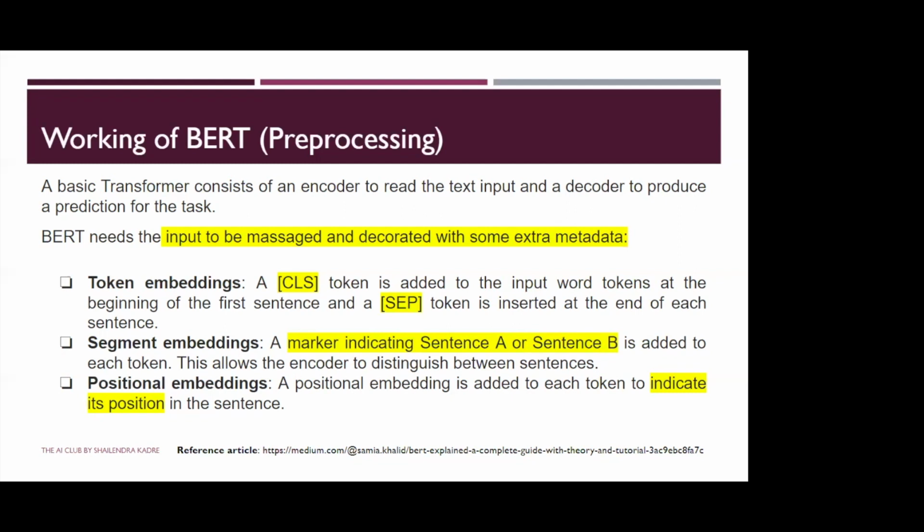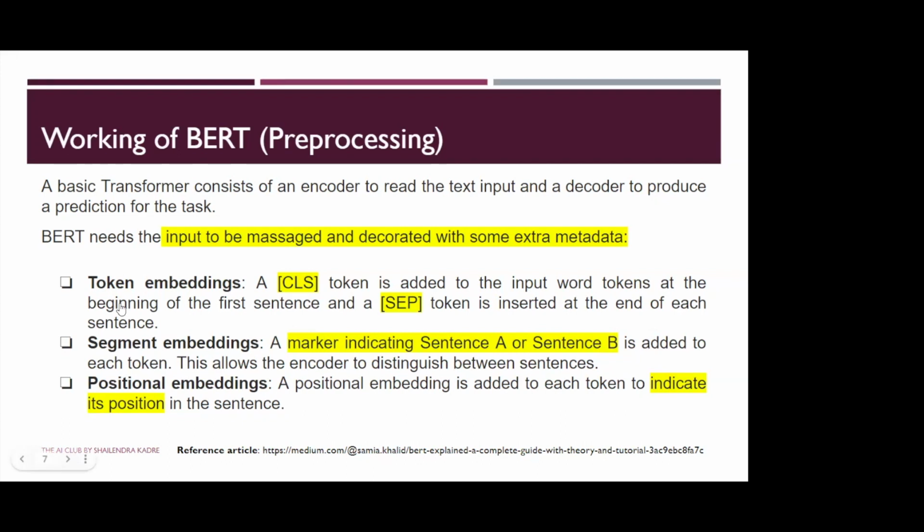Metadata is additional information that comes with any input or object. Like when we download videos, there is a bunch of metadata like frame rate, aspect ratio, or the pixel size of your image or video. Here too we have to generate some metadata out of our input sentences.